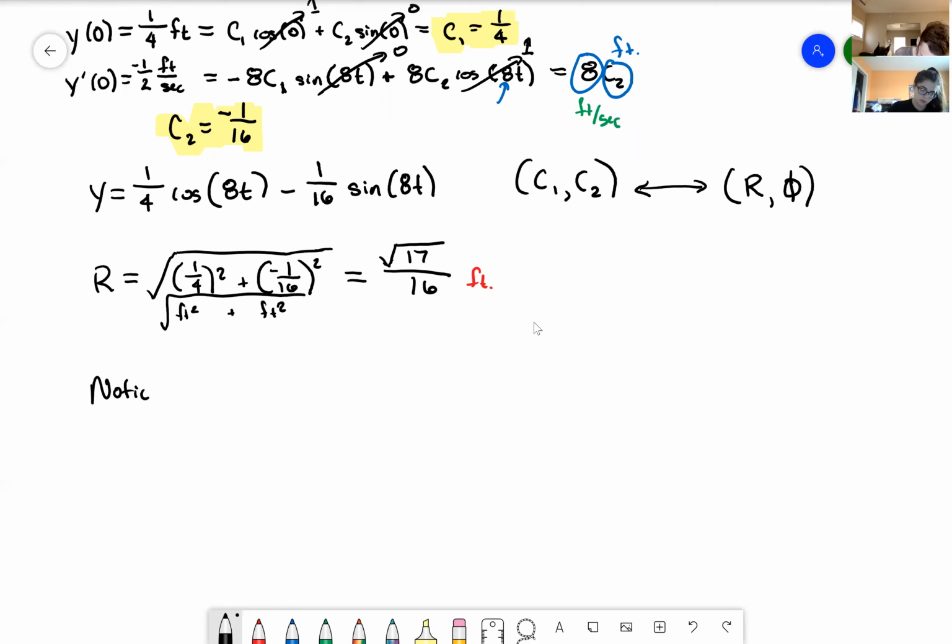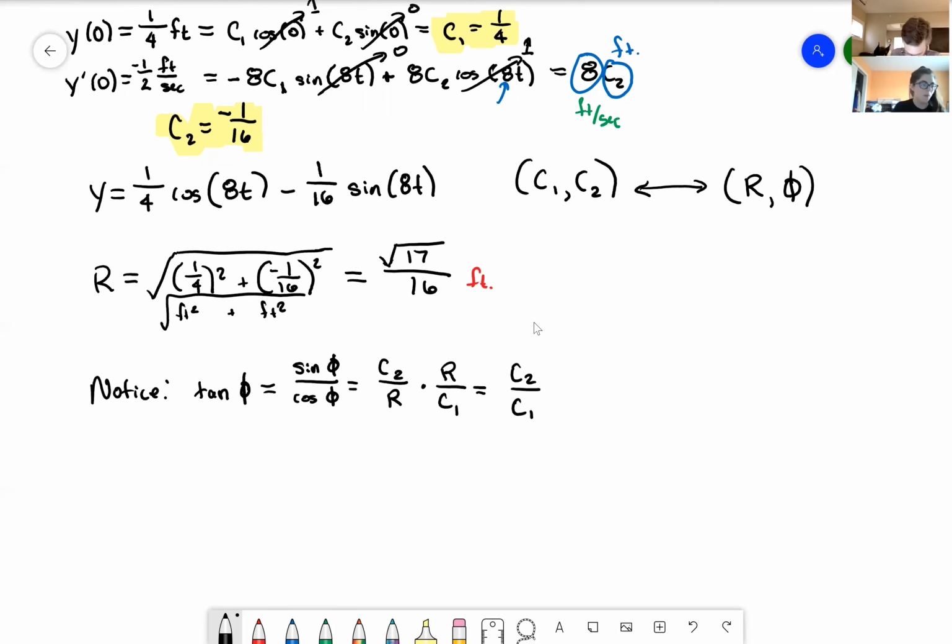Okay, now to get the phase shift, we'll notice that we can write tangent phi as sine phi over cosine phi. And this is equal to, well, sine of phi was C2 over R, and cosine of phi was C1 over R, so this equals C2 over C1, which is again a dimensionless constant, no units.